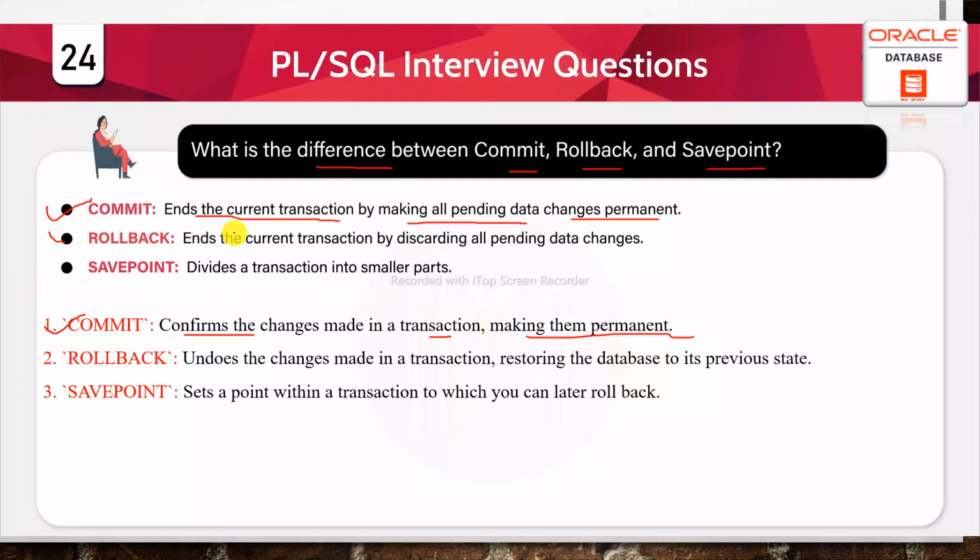Rollback ends the current transaction by discarding all pending data changes, or in other words, it undoes the changes made in the transaction, restoring the database to its previous state. Next we have save point. It divides the transaction into smaller parts, or in other words, sets a point within the transaction to which you can later roll back. So this is the difference between commit, rollback and save point.